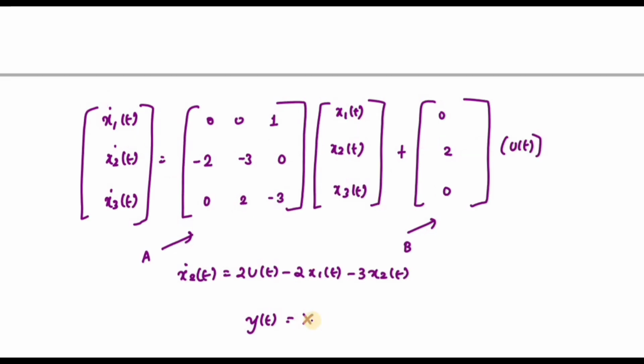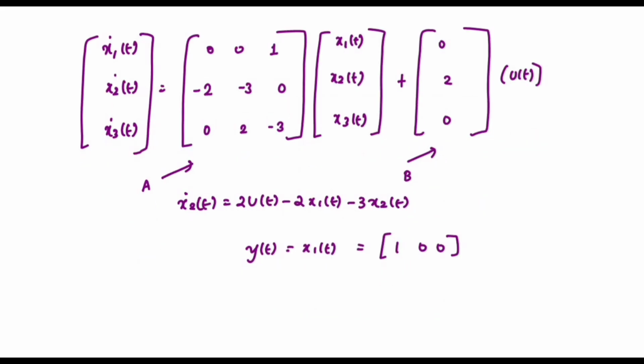Next, you need to find the value of y(t), right? We know that at the output you have x1(t). So y(t) is equal to x1(t). So write it as 1, 0, 0 times x(t), that is, 1, 0, 0 times x1(t), x2(t), x3(t).